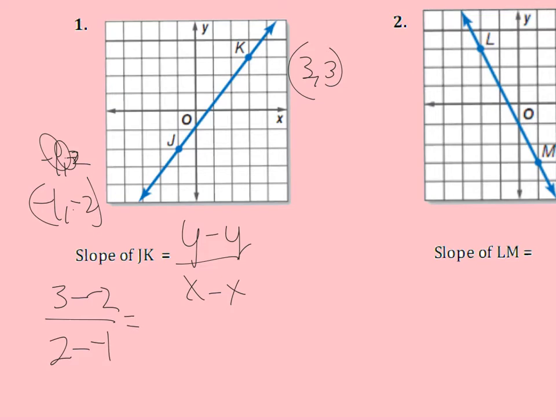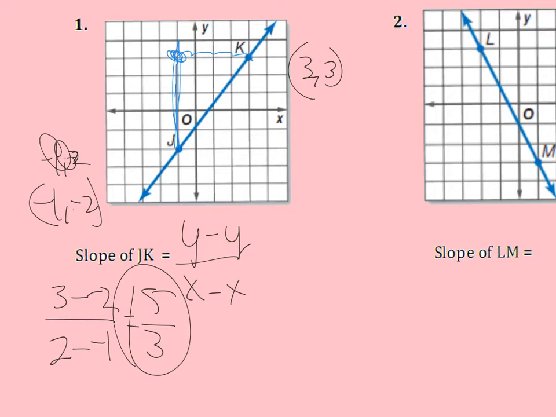That's going to give me 5 over 3. If I do that on the graph, I go up 1, 2, 3, 1, 2, 3, 4, 5. Stop right there. I went 1 too far. Over 1, 2, 3, 4.